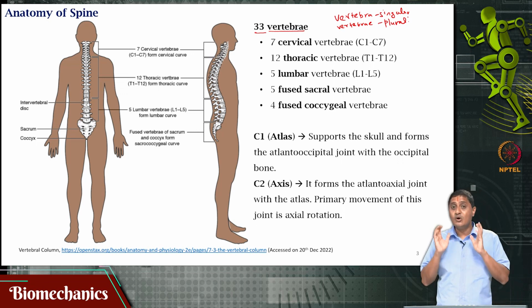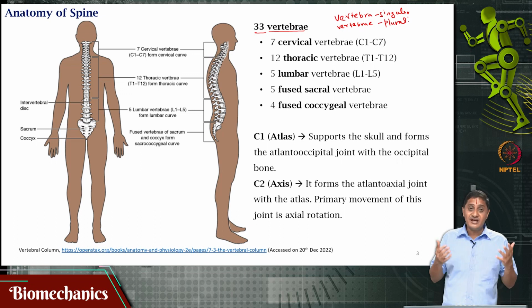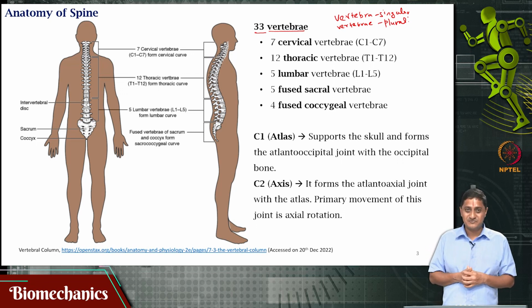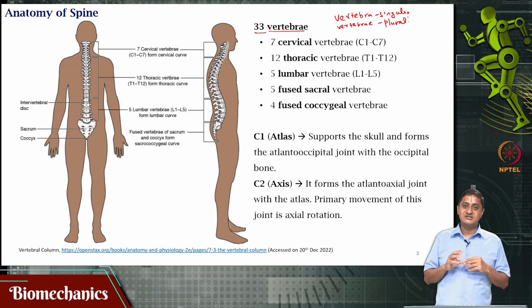Especially in humans, holding the head in this particular position high, especially in bipedal stance, is a very critical biomechanical task. Considering that the weight of the head with respect to the body weight is very high, this is essentially a very challenging biomechanical task. That is one purpose. Head and the neck must be supported.